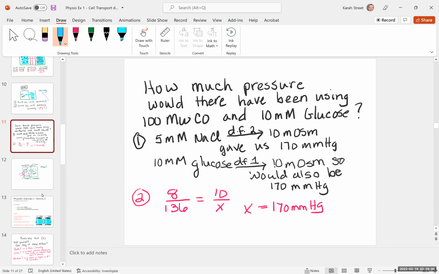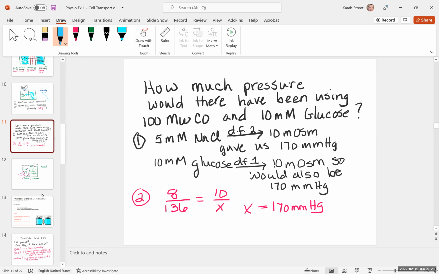We should know by now that there would be an osmotic pressure we detect. Now, there are two ways you can actually solve this. The first way is shown here in black. You can refer to this activity when we played with the 5 millimolar sodium chloride. When we played with 5 millimolar sodium chloride, it gave us an osmotic pressure of 170 millimeters of mercury when we used the 20 molecular weight cutoff.